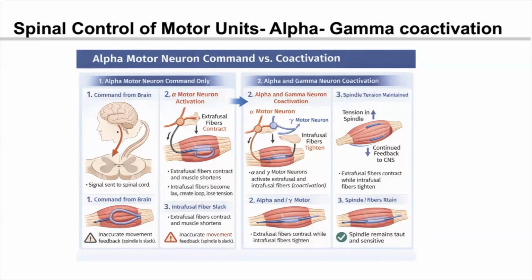The ascending neurons take information to the CNS through the ascending tract, and the CNS processes it, and through the descending or motor tracts it comes back. Then there are the two lower motor neurons, alpha motor neuron and gamma motor neuron, which have their effects on the extrafusal fibers and intrafusal fibers, and as such the ultimate contraction happens.